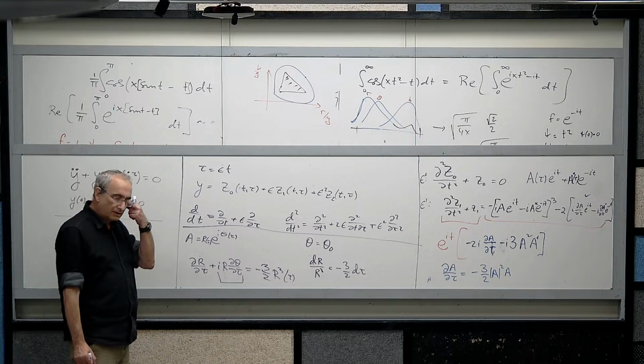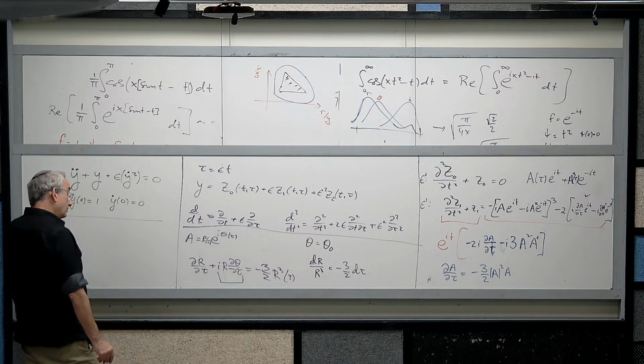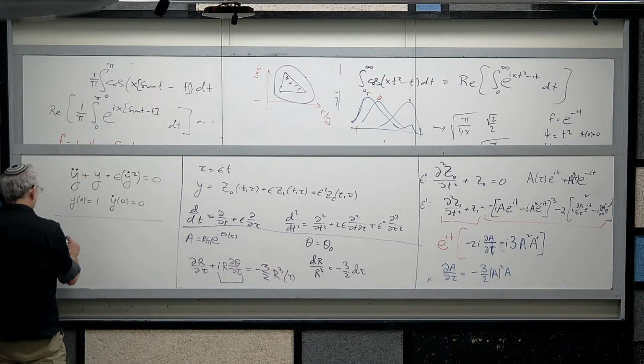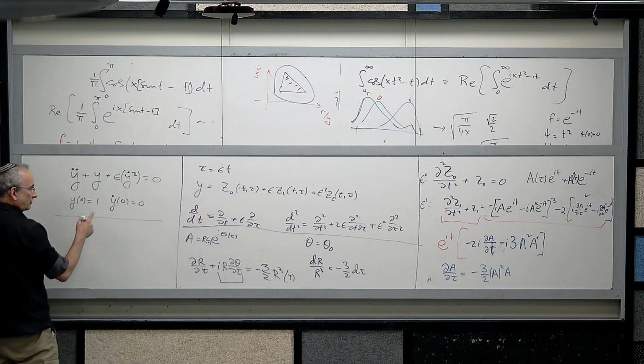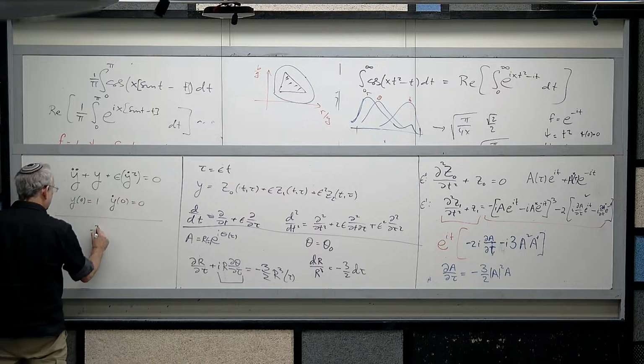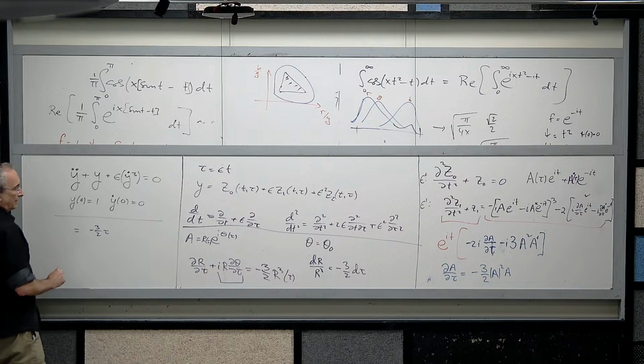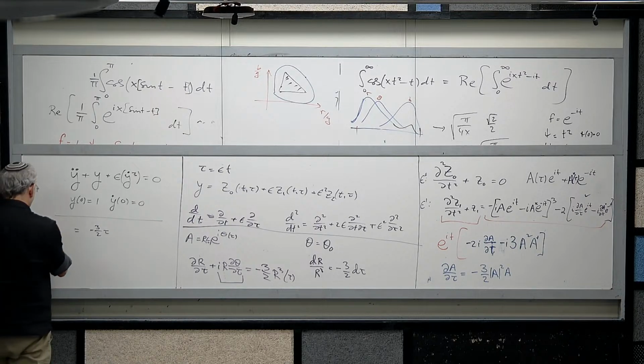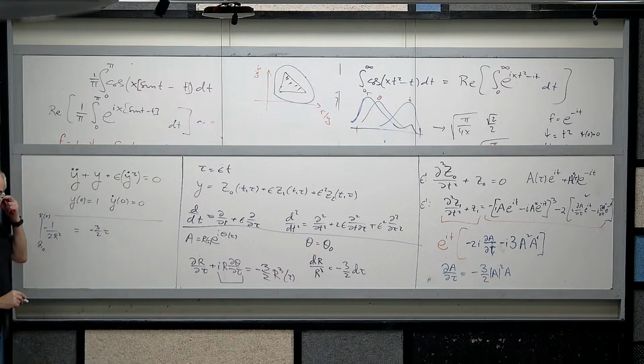Okay? I want to solve it, so I'm integrating over both sides. I have minus 3/2 tau here. And the integral of 1 over r cubed is minus 1 over 2r squared, from r naught to r of tau.